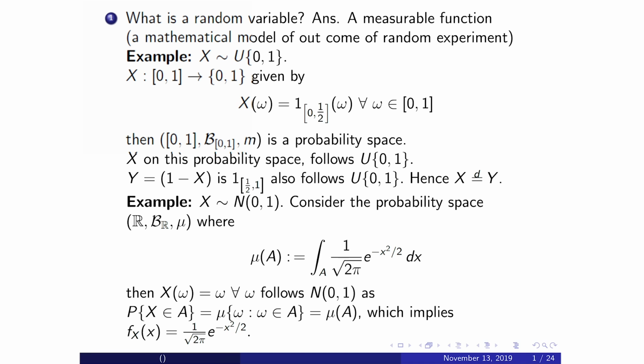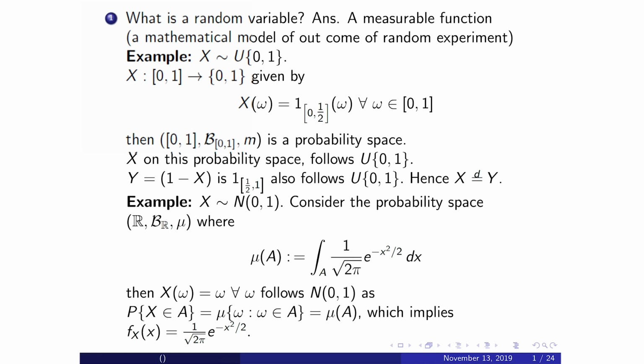So, for our course, whenever we say that X is a random variable, we mean X is a measurable function defined on a probability space. Let us start with some very simple example. This example says X follows U on a set containing only two elements, 0 and 1.